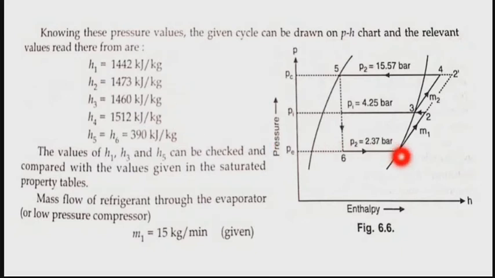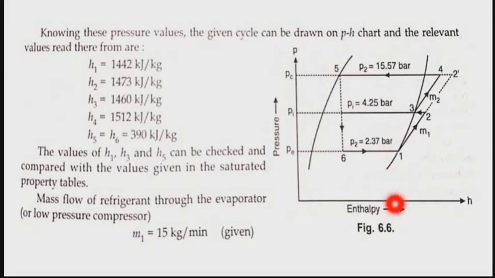If you look at this chart, the dome of the refrigerant is available. You mark the corresponding pressure P1 here, then state point 1 is there, and the corresponding enthalpy value you can read from the bottom.